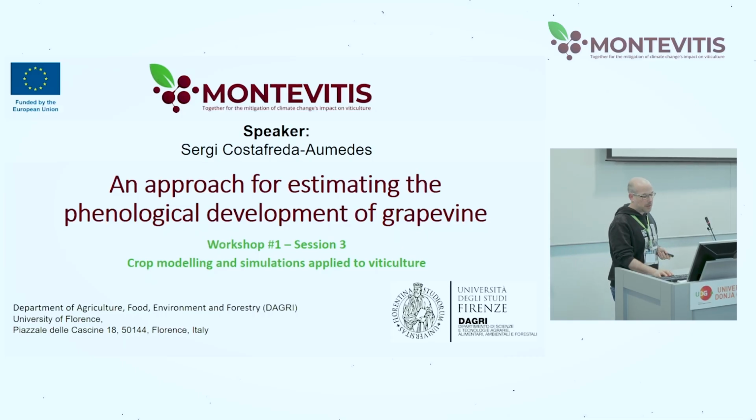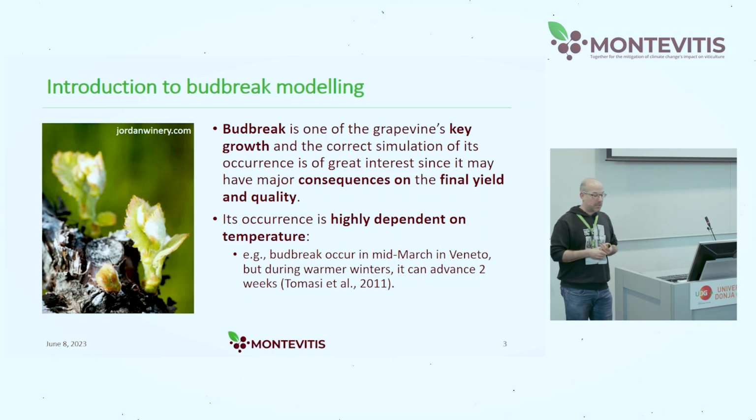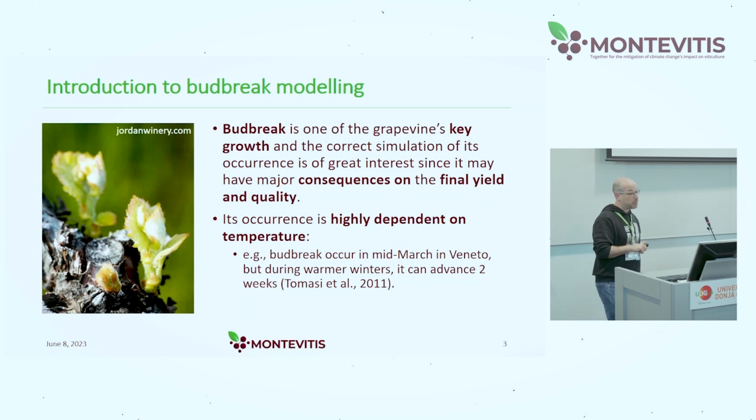This is a paper we submitted one or two weeks ago to the Climatic Research journal. As Christina said before, the phenology, in this case the bud break, is highly influenced by temperature.